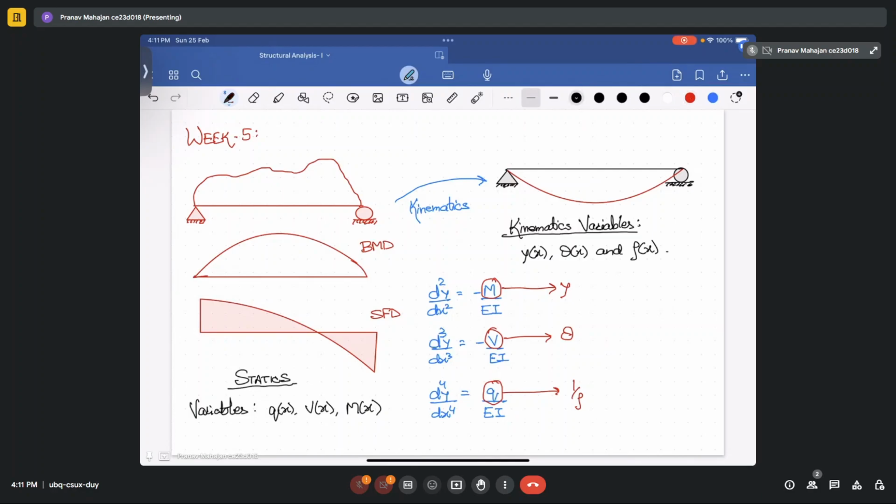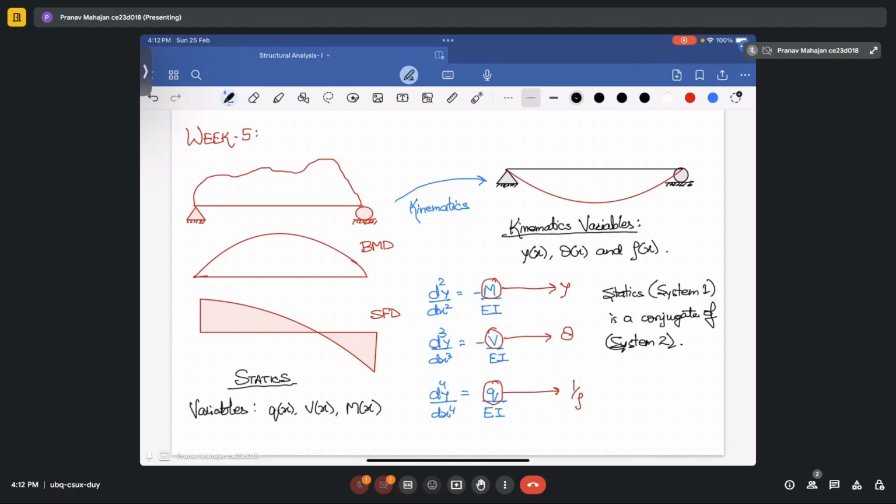So we can say that statics, or this system 1, is a conjugate of system 2, which is this kinematics kind of a thing.